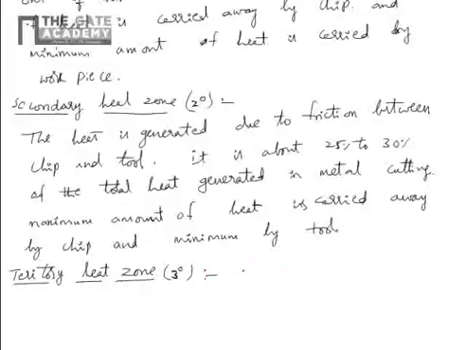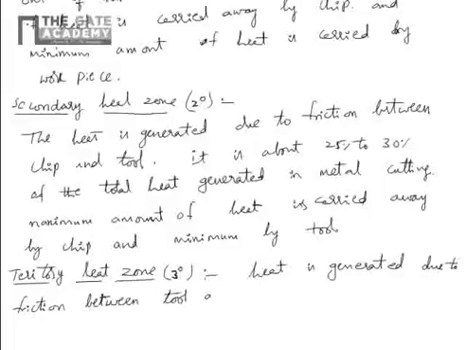In the tertiary heat zone, heat is generated due to friction between tool and workpiece. It's about 5 to 10% of the total heat generated.